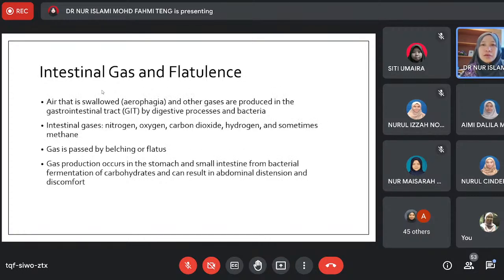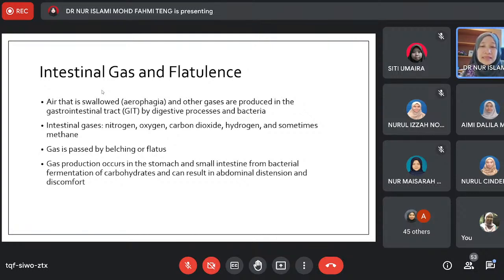First is intestinal gas and flatulence. When we eat or drink, air is swallowed, which we call aerophagia, and other gases are produced in the GI tract by the digestive process and bacteria.